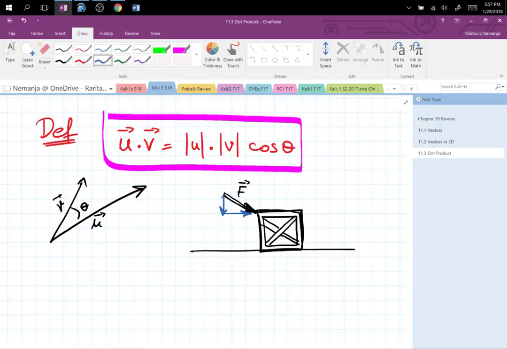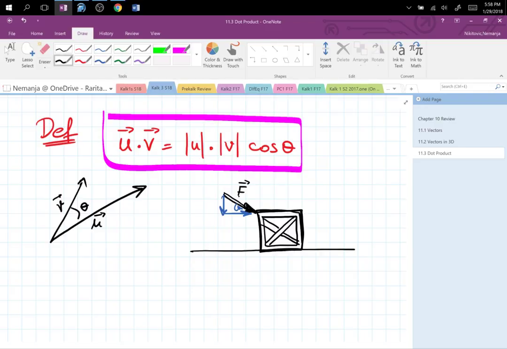We're going to discuss these things in detail, including the angle theta, the angle of attack, and the importance of this angle in work.